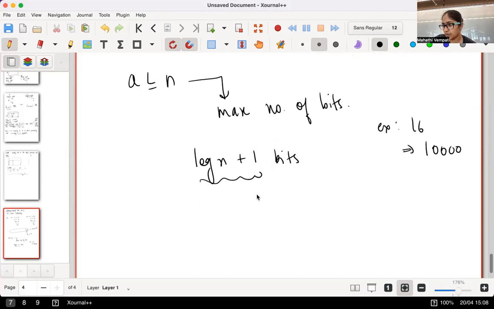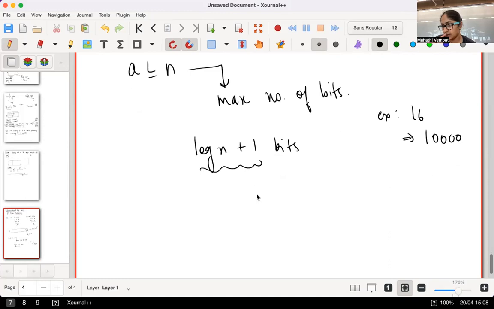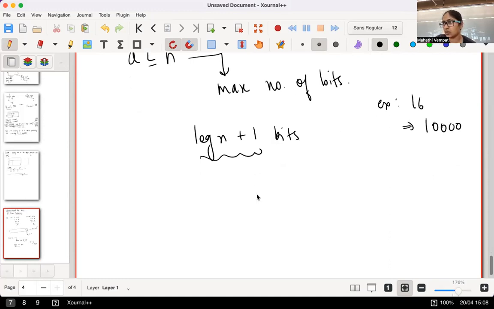And the worst XOR would be when all of these bits are 1, right? So that's just log n plus 1 ones, which you can imagine is just 1 less than 2 to the power of the log n plus 2 position.